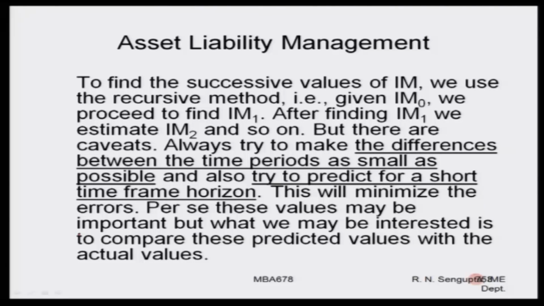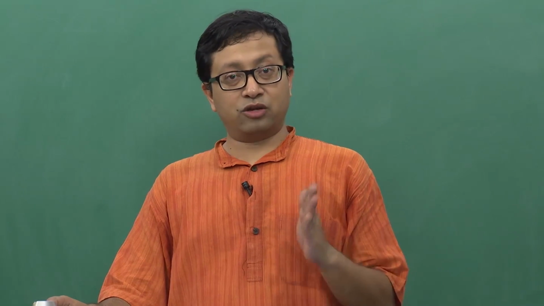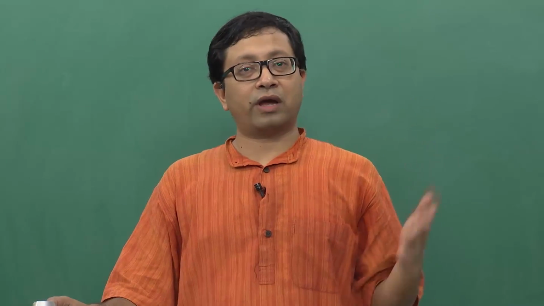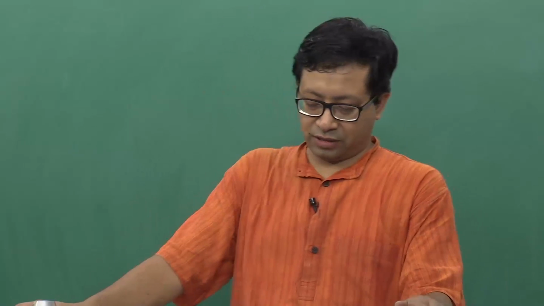That means only the first information is needed: if you have reached IM 1, the only information needed is IM 0. But for example, if you are trying to find the interest rate margin and you think it is a function of 2 states, IM 0 and IM minus 1, then obviously it will be a 2 stage dependence.